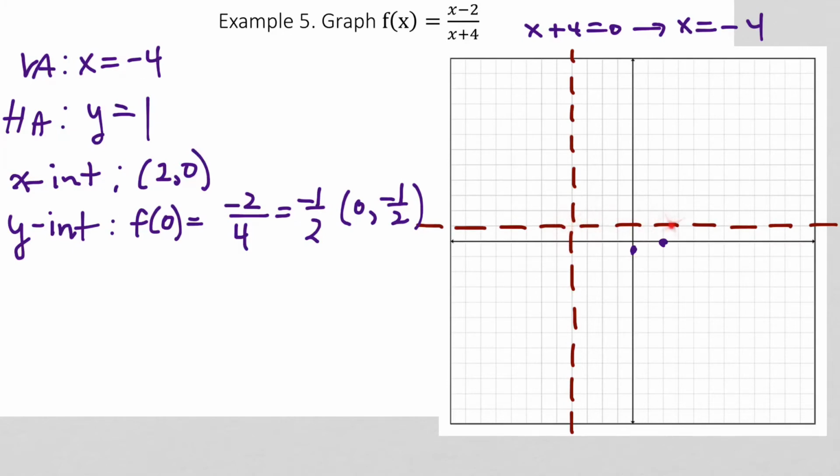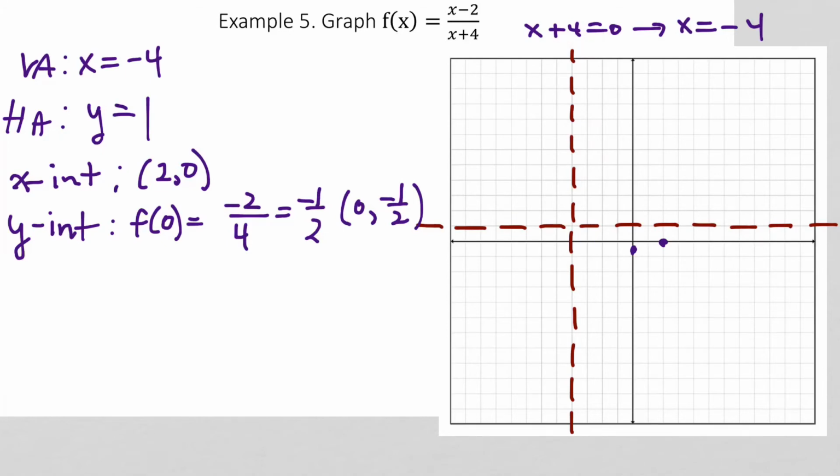So you've got this quadrant over here, this quadrant here, this quadrant here, and then of course this one here. So if my graph lies down in this quadrant and it's approaching the horizontal asymptote and also the vertical asymptote, you could be sure that it's not also up here, because then it wouldn't pass the vertical line test.